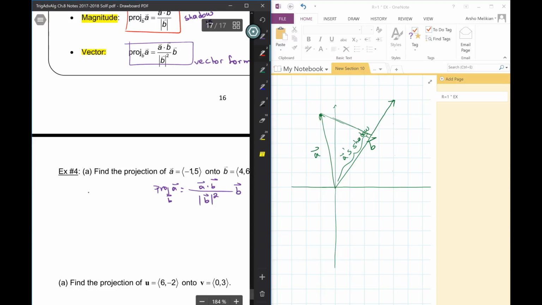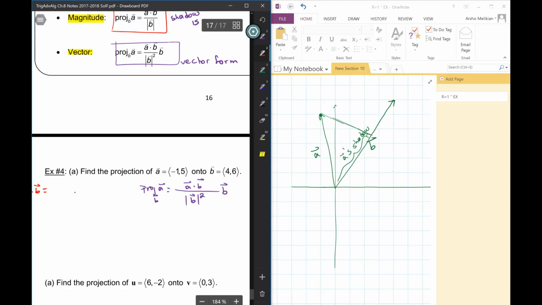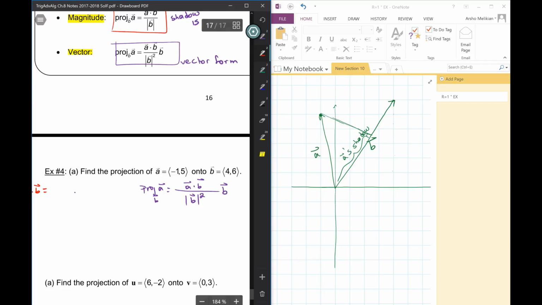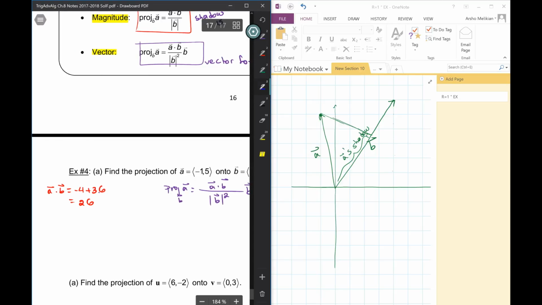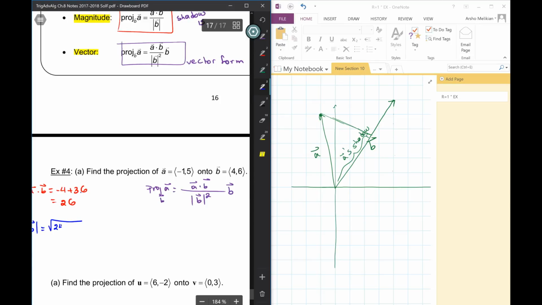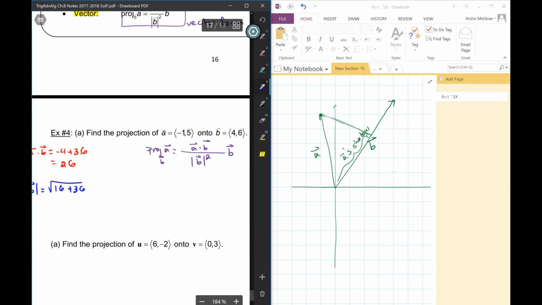So first A dot B. What is that going to be? 26. Okay? And then I need the magnitude of B. Well, that's going to be the square root of 4 squared plus 6 squared, which is 16 plus 36, so the square root of 52.